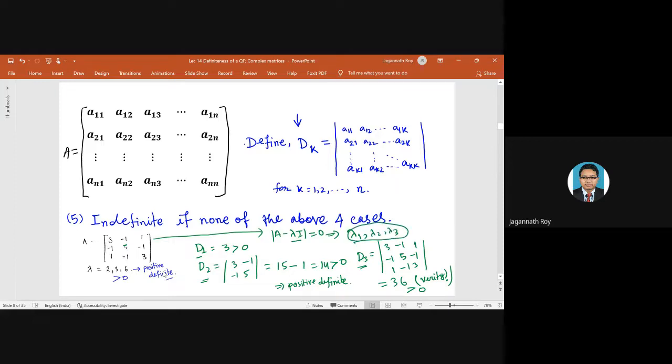Compared to this, for a 3 by 3 matrix, this is an easy task. When it is a 20 by 20 or 100 by 100 matrix, it is definitely going to be difficult for hand calculation in both cases.